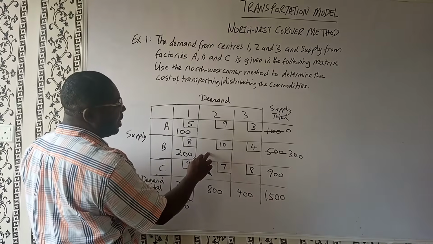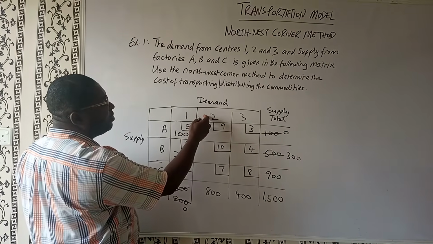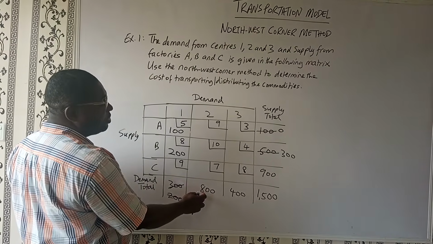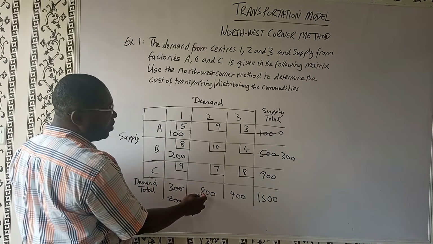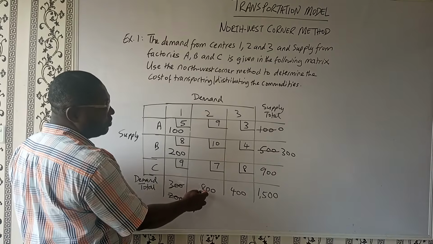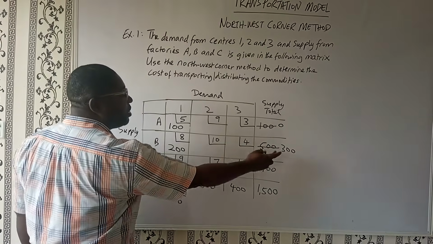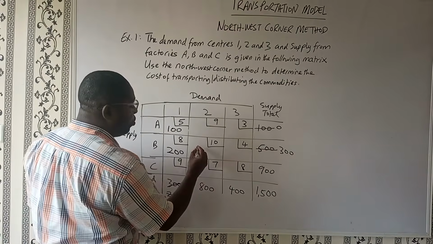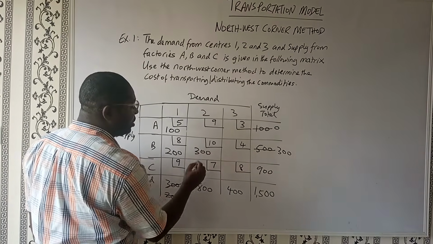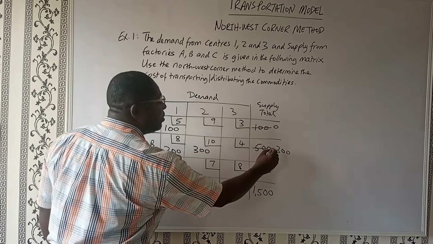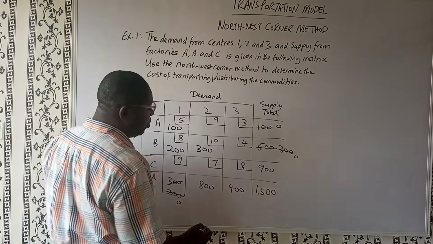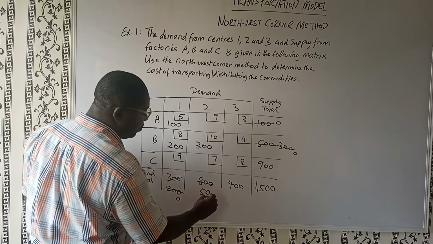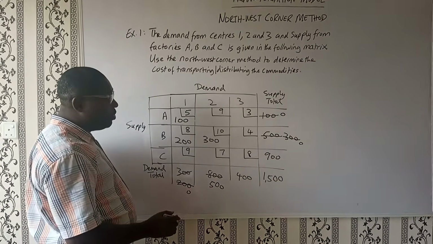Now in coming here, we have the demand from center 2 of 800, and the best way we can try to satisfy them is to take the 300 from factory B here. We'll fill in factory B and exhaust it here. We'll cross out this, so this becomes 0, and then we'll reduce this by 500. I hope you're following.